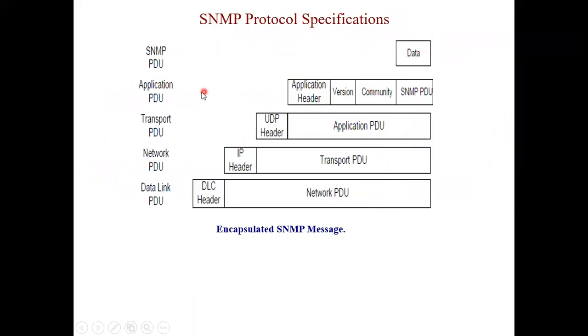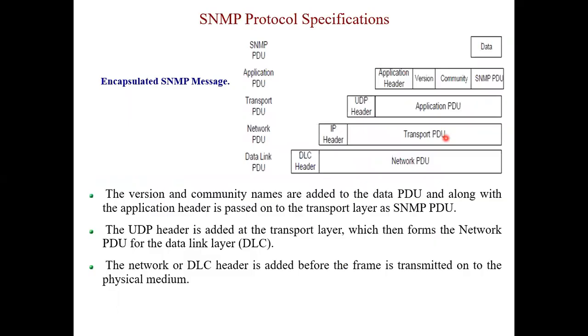I have the data. Each layer is attaching its header. At the application layer, I am attaching the application header, the version, community, and the PDU. And then it comes down and goes to the physical layer. Suppose this is at the manager side; at the agent side, it is again the reverse process. So this is how the protocol entity is created.